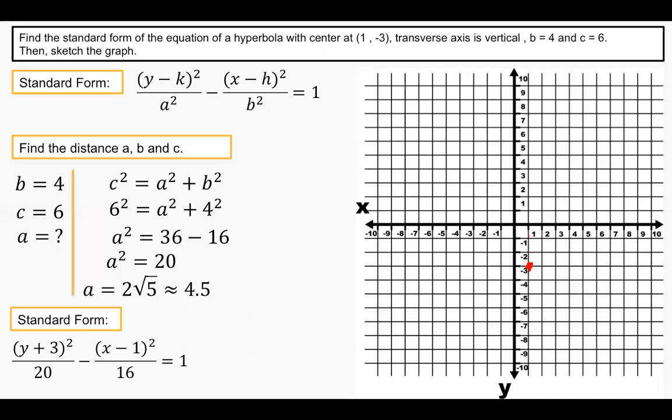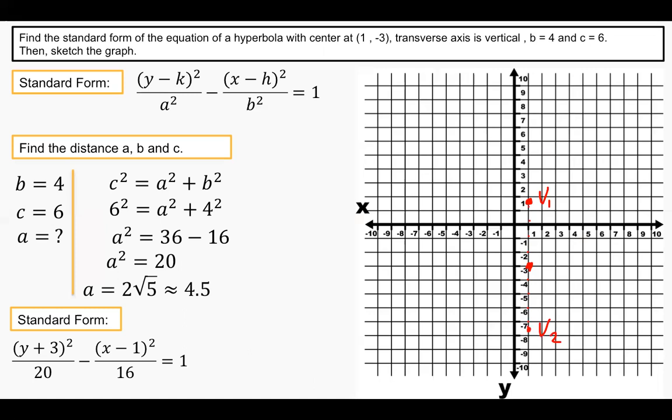That's 1, 2, 3, 4. 4.5 is approximately here. So this is our vertex 1. Then another 4.5 units below the center. That's 1, 2, 3, 4. 4.5 is approximately here. And this is our vertex 2.